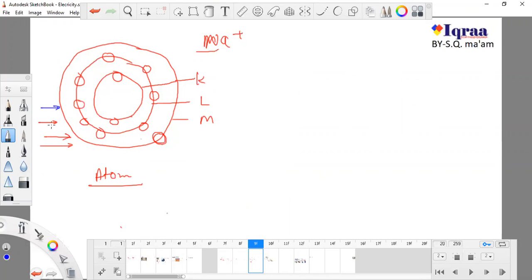By this striking, this extra electron comes out, because we know that electrons are present in these shells. In K shell there are 2 electrons, in L shell there are 8 electrons, in M shell there is only 1 electron. So by using a force, I'm giving force to this particular atom, and this electron which is present in the outermost shell.